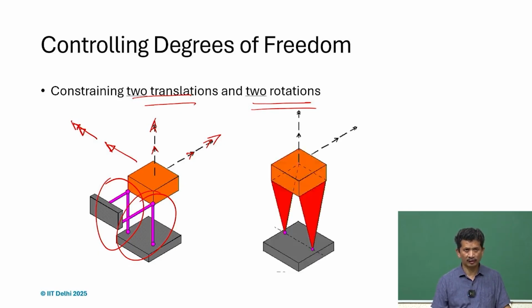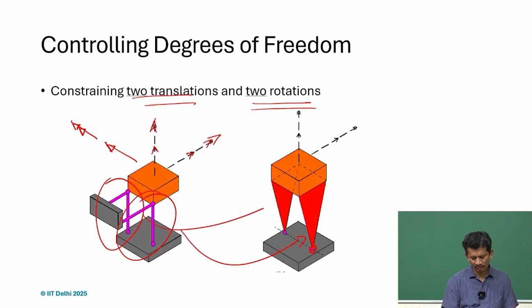So, this is another example. Here instead of providing a notch or a hole at the center, we can just use a triangular piece and hinge it to the bottom, and we can get the equivalent. So, each one is replaced with this kind of flexure, and we can get the same effect.